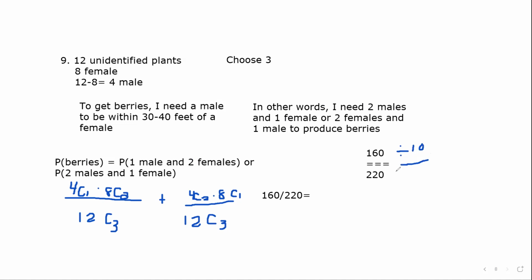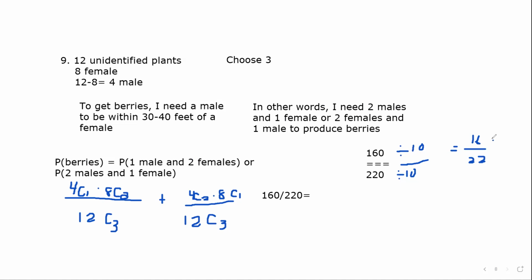You can try it on your calculator and see, because when you multiply by 10, you add a 0 to the back. So 160 divided by 10 gives you 16, and 220 divided by 10 gives you 22. Both of these numbers are even, and whenever you have an even number, you can divide it by 2 without a remainder.